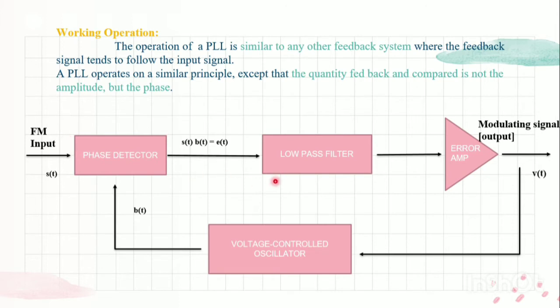As the input frequency deviates from the center frequency, the error voltage produced as a result of the frequency difference goes through the low pass filter. After passing through the low pass filter, it passes through an error amplifier which drives the control input of the VCO to keep its output frequency always in lock with the instantaneous frequency of our FM signal. So, as a result, we can say that the error amplifier output always represents the detected output.